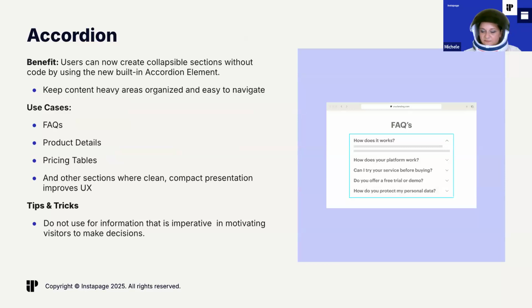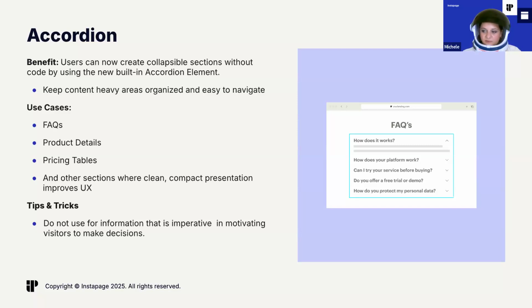Definitely. And some use cases for those FAQs, as you mentioned, is kind of like the most common one, but also good if you have additional product details that you maybe don't want to display on one full screen, different pricing tables, and other sections where really clean and compact presentation can improve the UX.